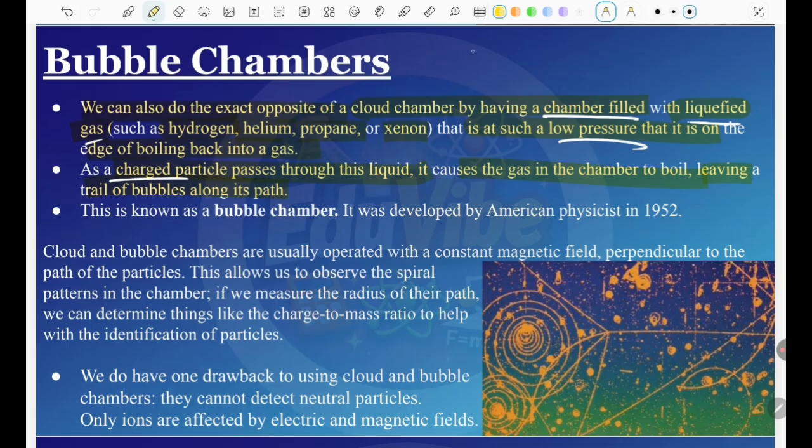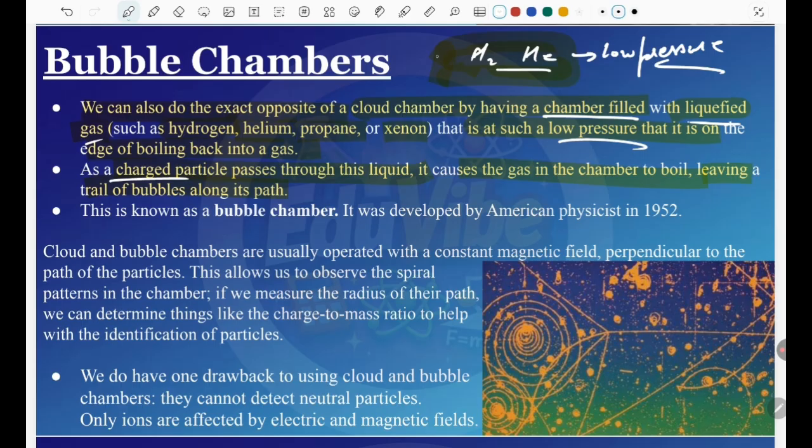We have a chamber with hydrogen or helium at low pressure, and when a charged particle passes through that liquid, the gas boils, leaving bubbles along its path like this. This is known as a bubble chamber.